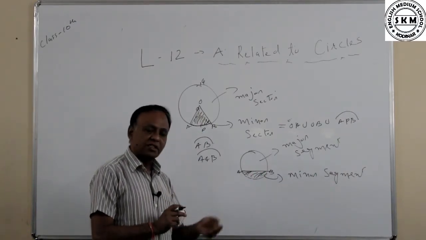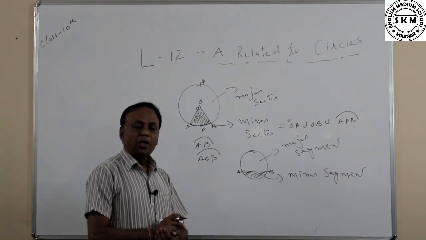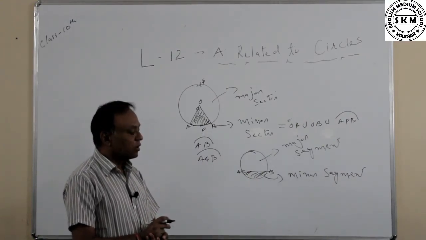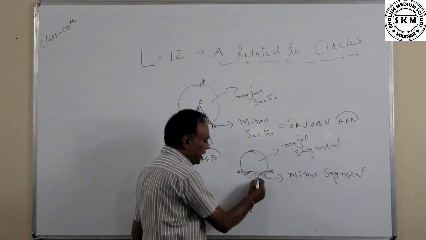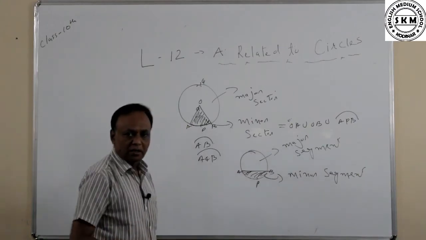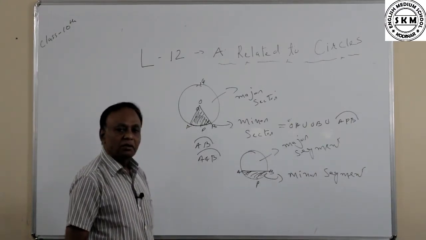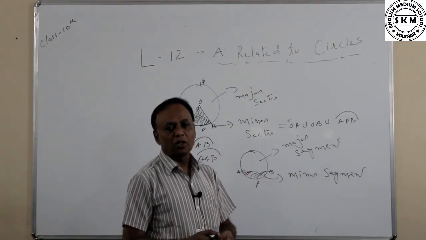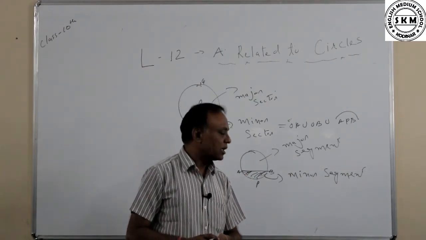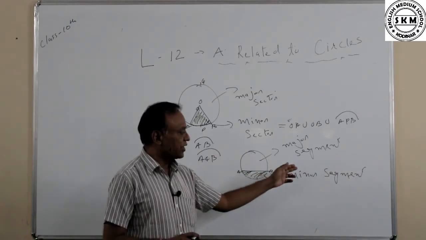Now minor and major segment. Union of chord, suppose I take AB, and APB is the minor arc. So union of chord and corresponding minor arc is called the minor segment.